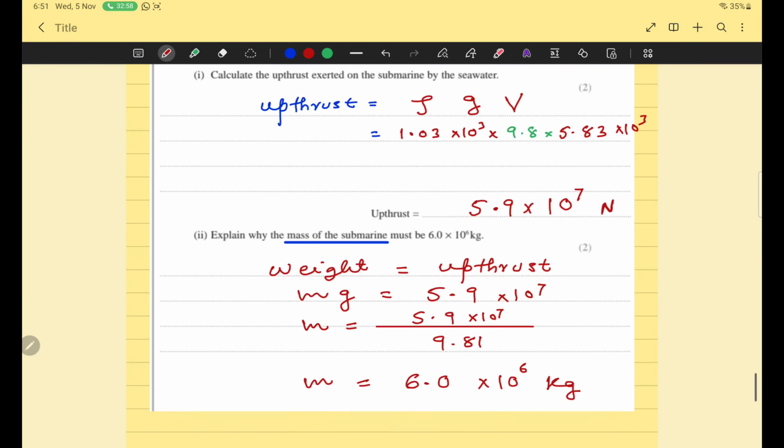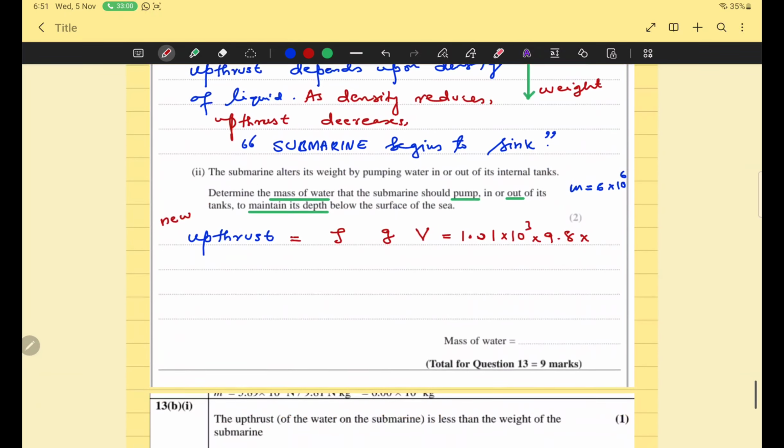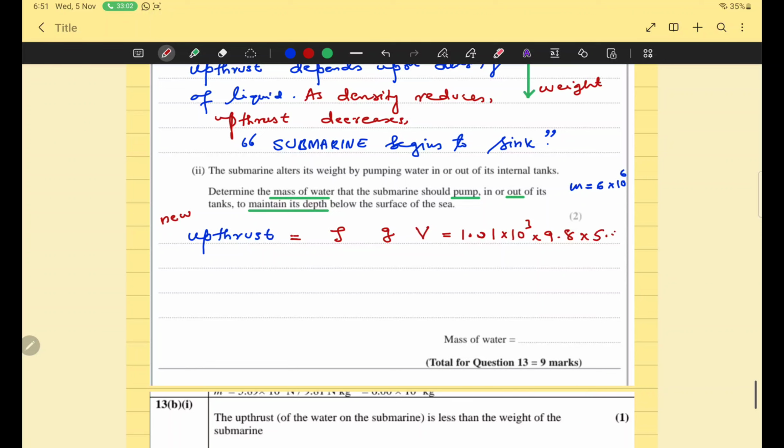It was 5.83 × 10^3. So the new upthrust we have calculated, and the new upthrust is 5.78 × 10^7 Newton. This is new upthrust.